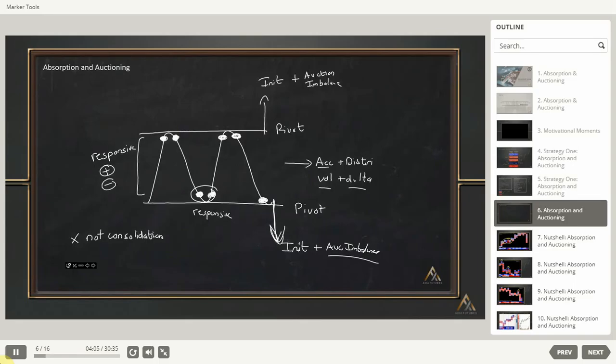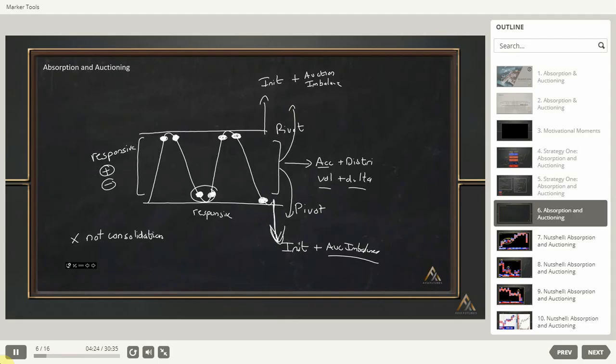Now, in terms of the relative change, you will note a distinct difference between the volume, the delta, and the cumulative delta in the zone relative to once it breaks. Once it breaks, you are going to see a real shift in the volume, price, and delta dynamics.